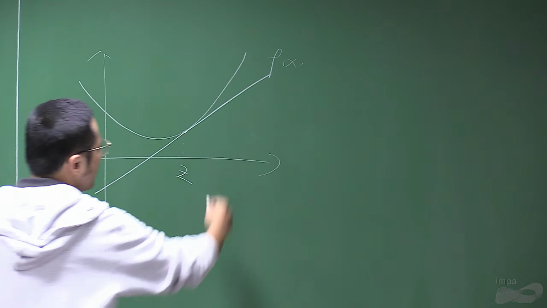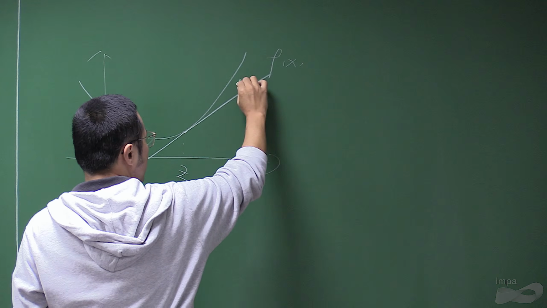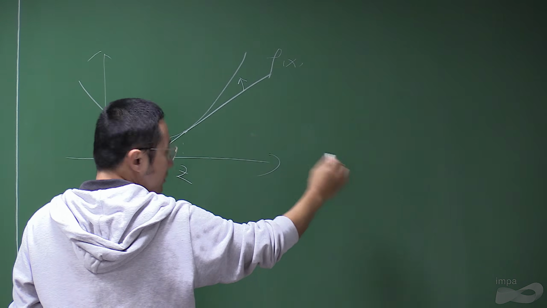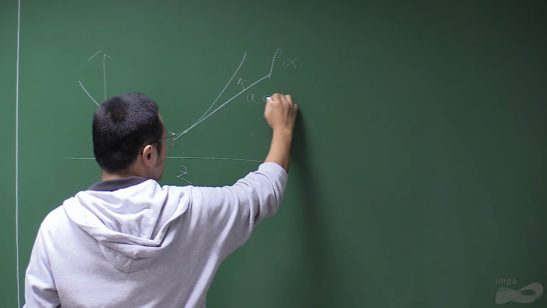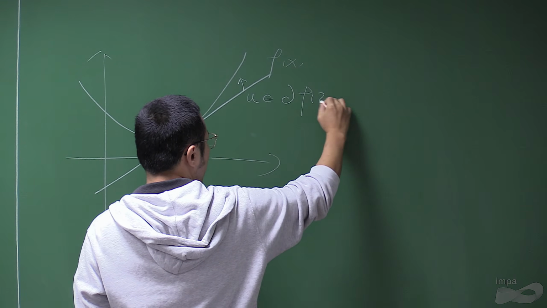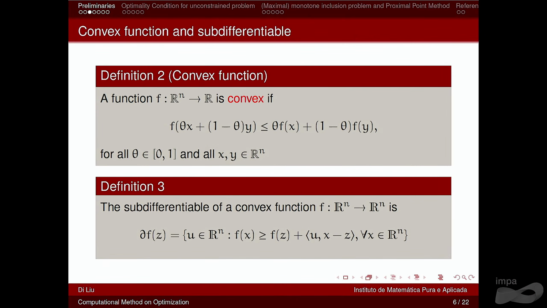So the normal vector of this half space is the u, which belongs to the subdifferential of f at point z. Okay, so this is the definition of the subdifferential of a convex function.